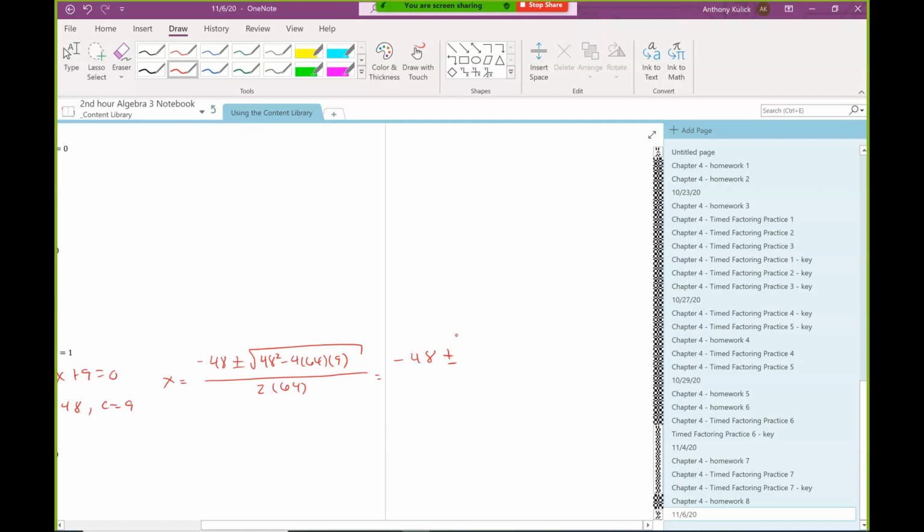So 48 squared minus 4 times 64 times 9 gives me 0 over 128. Is that a 69 where it's right under the radical part? Oh, sorry.